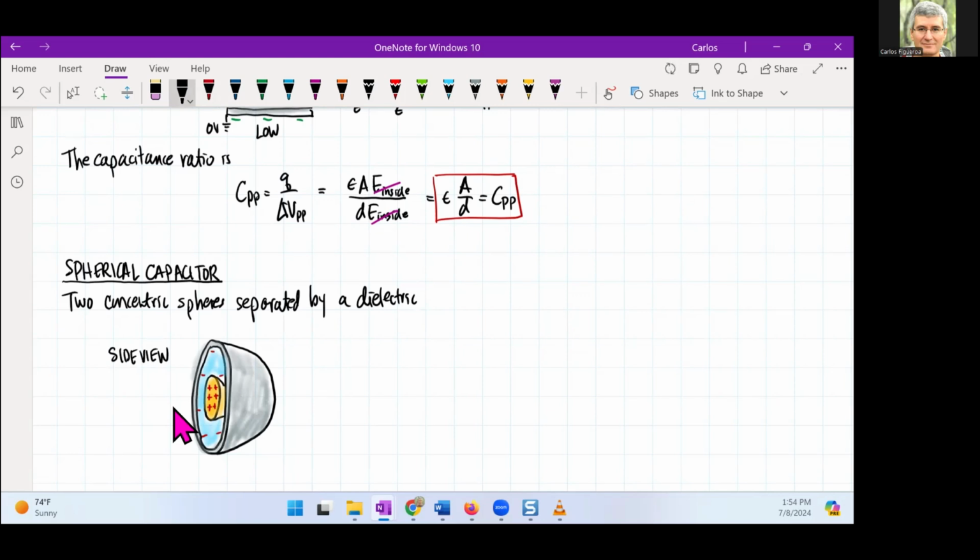So if I was to take this and look at the front view of this, then I would see something like this. I would have my central sphere, and now I have to draw my edges here.